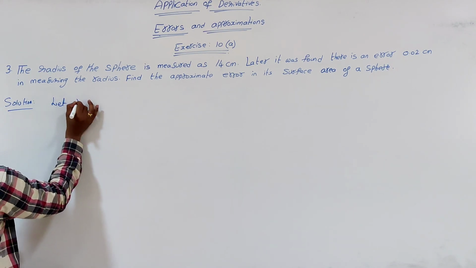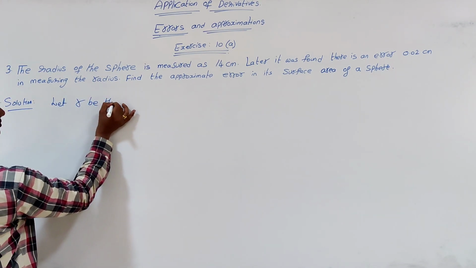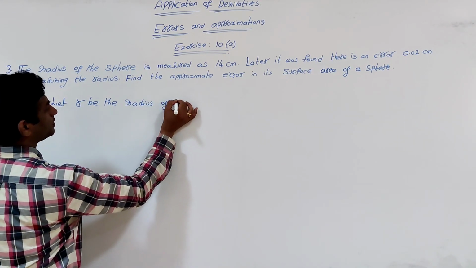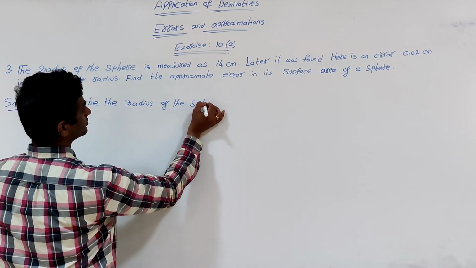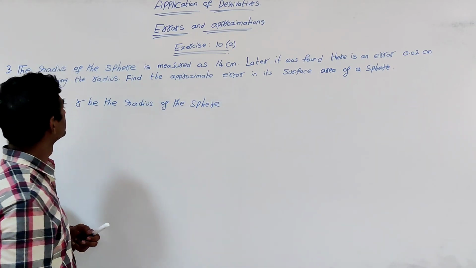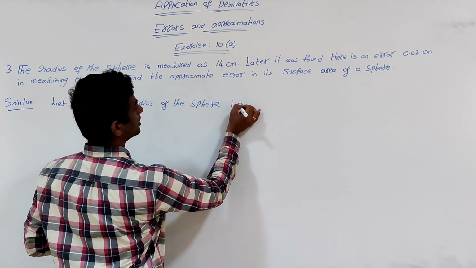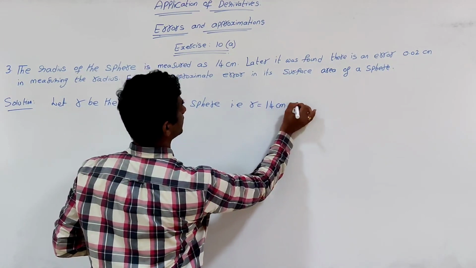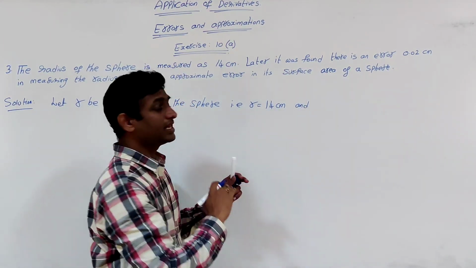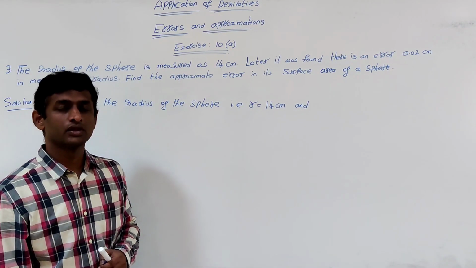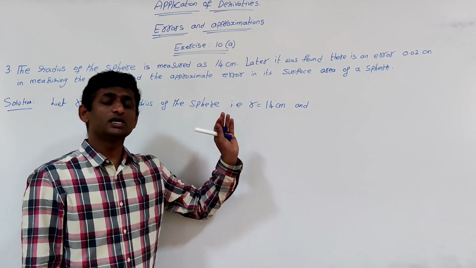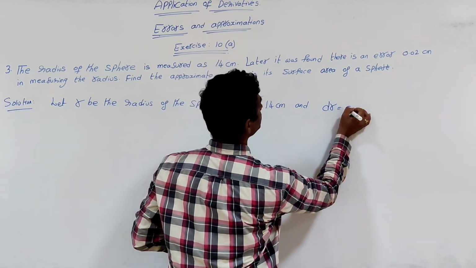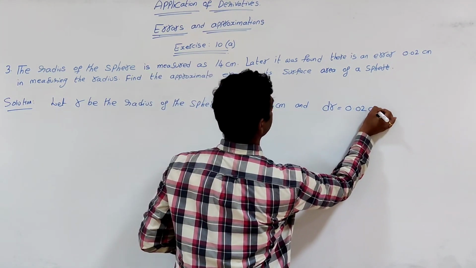Let R be the radius of the sphere, that is R is equal to 14 centimeters, and there was an error in its radius, means there is a small change in the radius, that is dr is given as 0.02 centimeters.